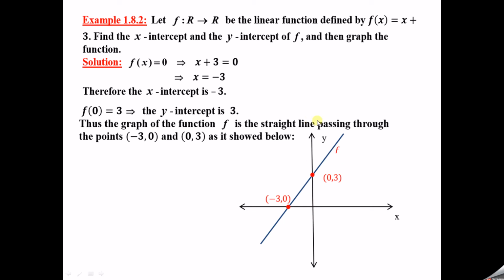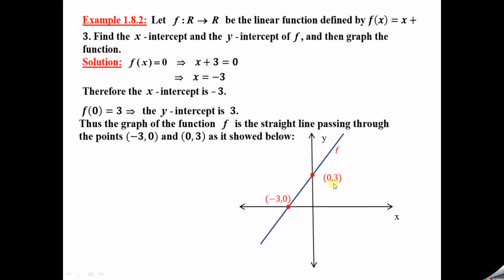To find the y-intercept, we have to put x as 0. So if you put x as 0 in f(x) = x + 3, you will get f(0) = 3. This will be the y-intercept, the y value when x is equal to 0. Therefore, the y-intercept is 3 and the point is (0, 3).